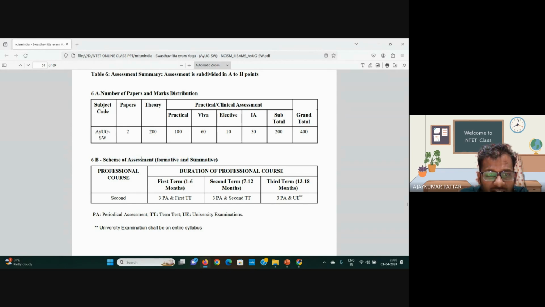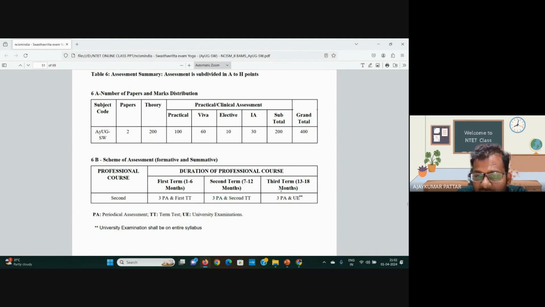So formative evaluation is nothing but the 3 periodical assessments and the term test we take between 1 to 6 months. In the second term also we conduct 3 periodic assessments and a second term test, which is also formative.